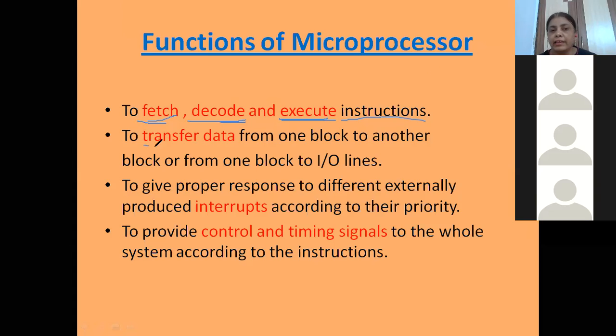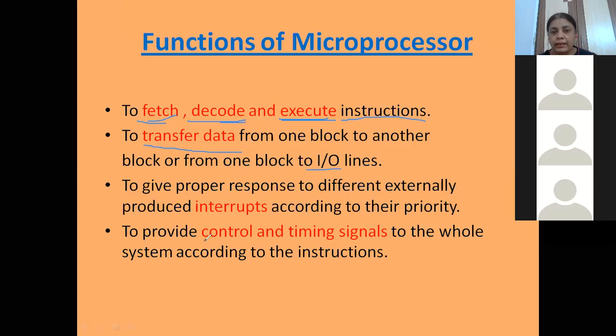So that is the second function of microprocessor, to transfer data from one block to another, or from one block to IO lines. IO means input output devices. The main thing is to control the transfer of data. It is handled by the microprocessor, or the control of buses is with the microprocessor.